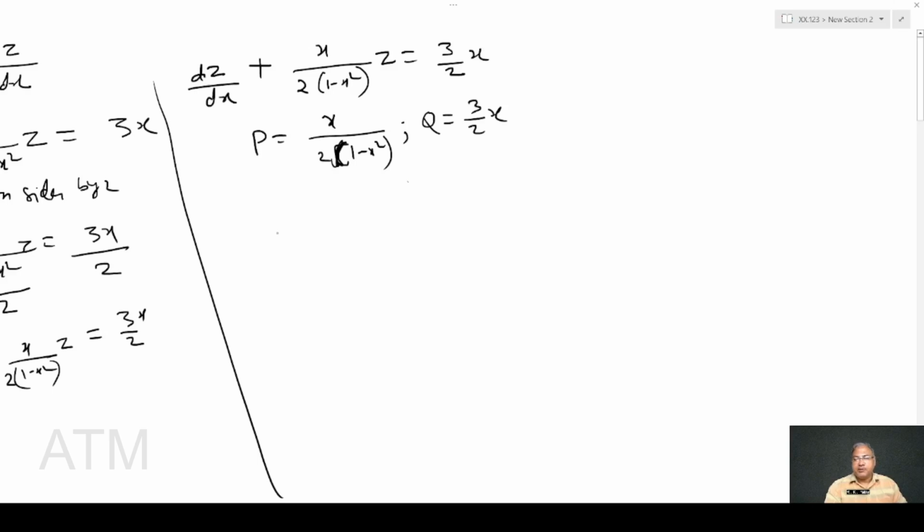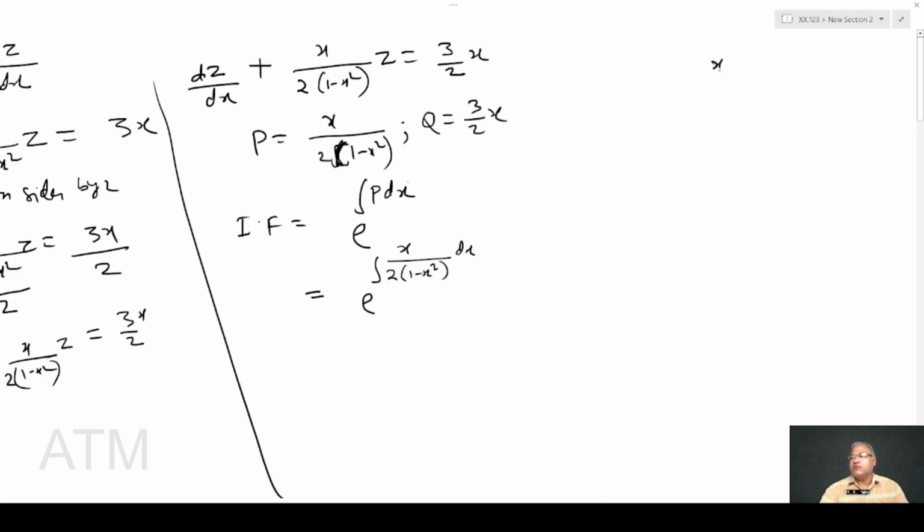What is the next step? The next step is to find the integrating factor. So integrating factor equals e raised to integration of p dx, and that equals e raised to, what is the p value? P value is nothing but x upon 2 into 1 minus x square with respect to x.